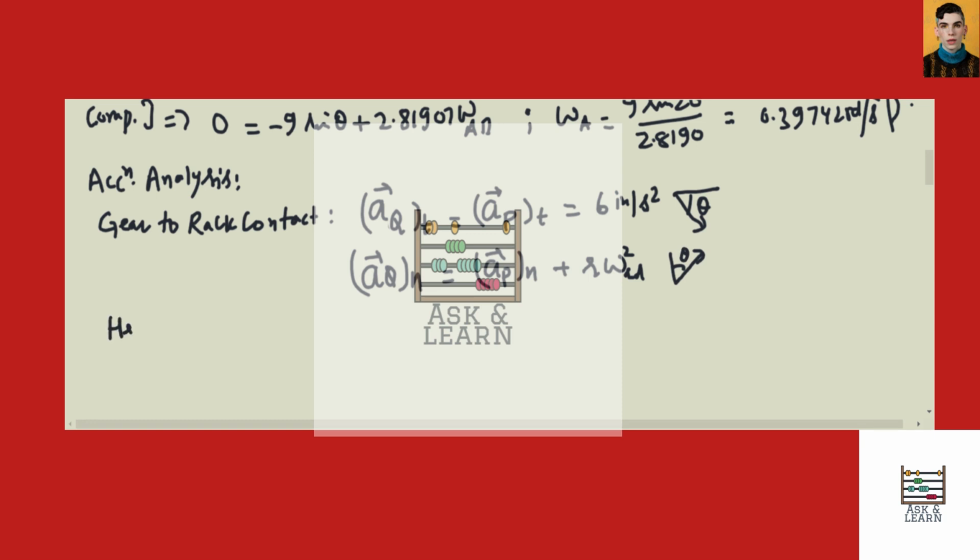Here angular velocity of rod will be omega AB minus omega t, which is 3.39742 radian per second.